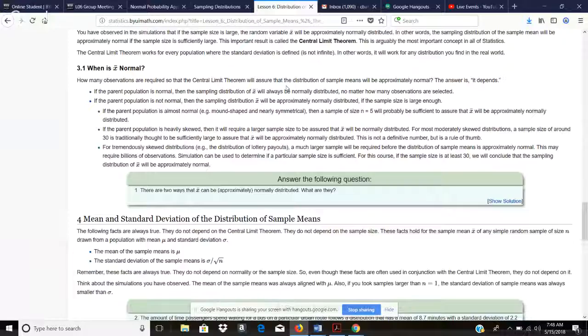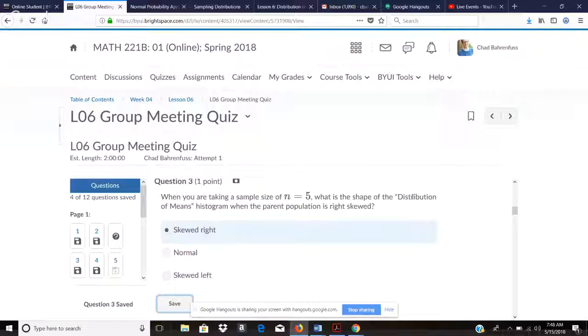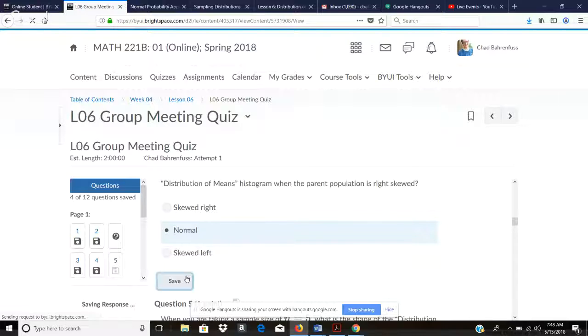So because it's small, then it will just stay like the parent population, which is right skewed, so it's the same. Yeah, I think you're right. I agree with you on that one. Skewed right. And then 4, because the sample size is so big, 100, it will be a normal distribution. I remember.